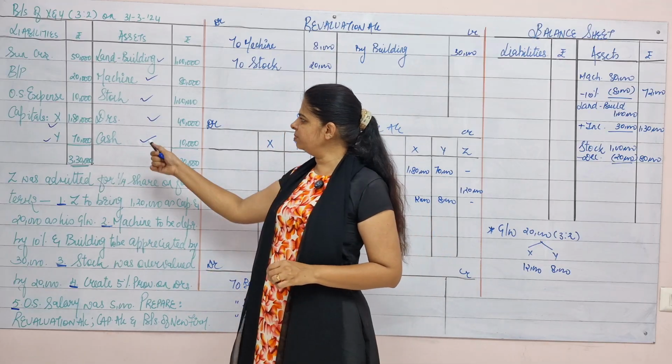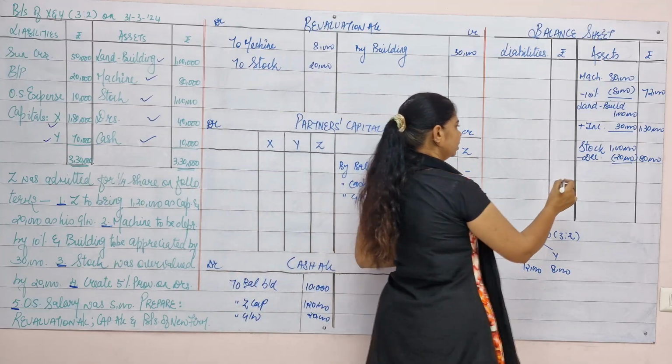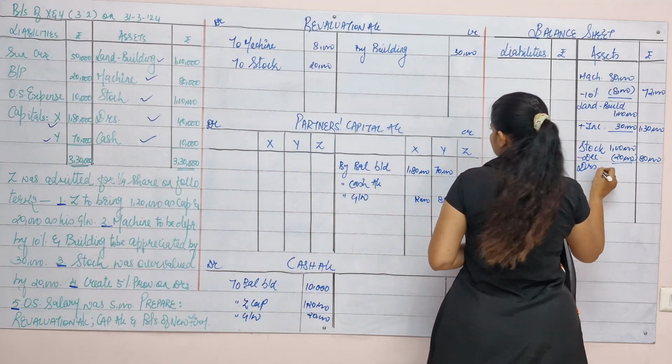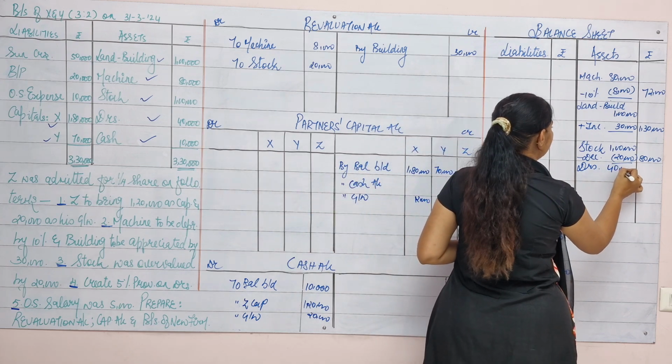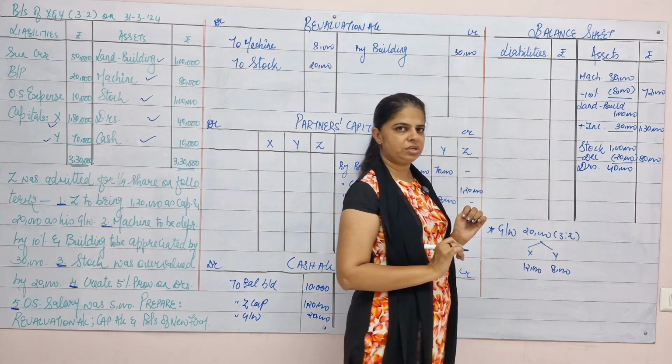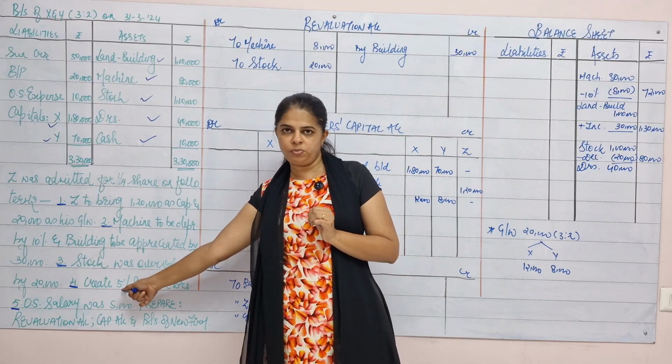Debtors के related adjustment है, pick debtors and drop it in the balance sheet. So we have debtors of rupees 40,000. So pick it with 40 and drop it with 40. And adjustment is asking you to create 5% provision.